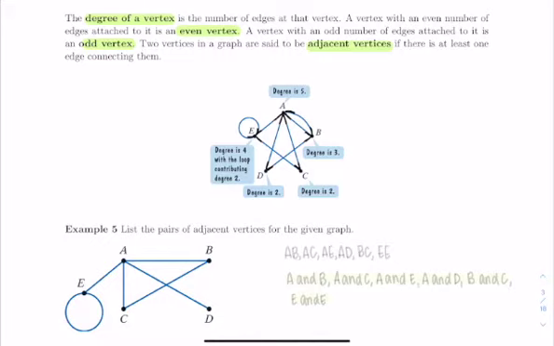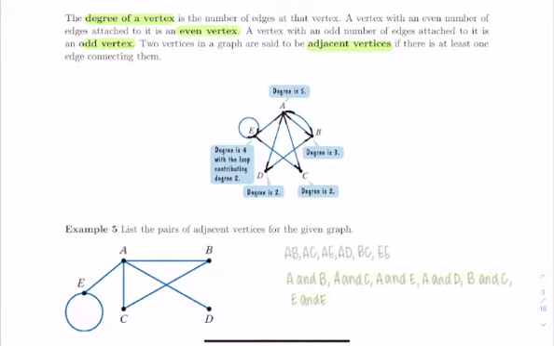Any vertices that are connected by an edge in this graph would be adjacent. So for example, A and E would be adjacent vertices because there is an edge between them. So for example number 5, we're going to list all the pairs of adjacent vertices for the given graph. So let's look at A first.